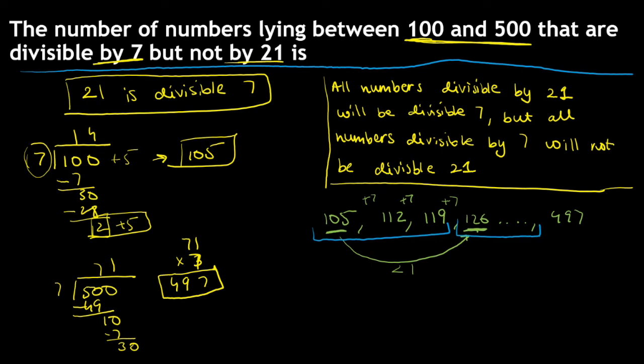So we can deduce that, supposing there are n numbers in this sequence from 105 to 497, one third of the n numbers is divisible by 21.